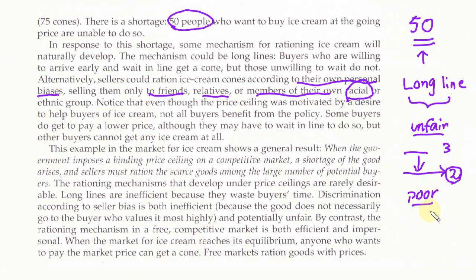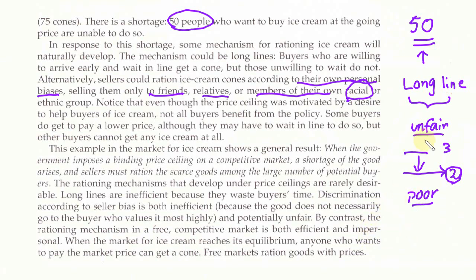Because in this case, the ice cream is not distributed evenly to people. Instead, it is distributed according to the seller's bias. Then there is more discrimination, a bad side effect.